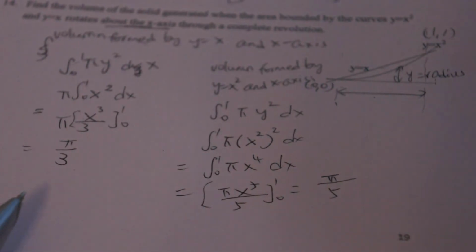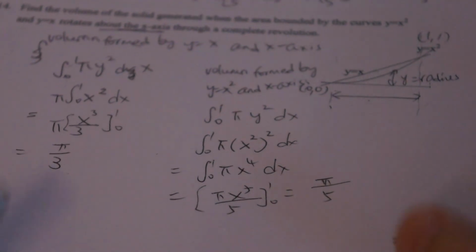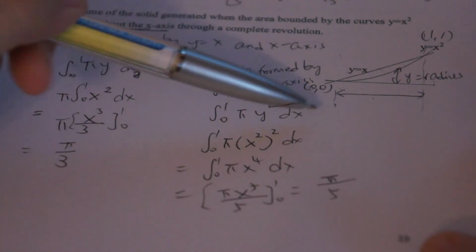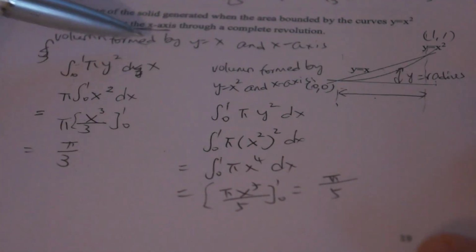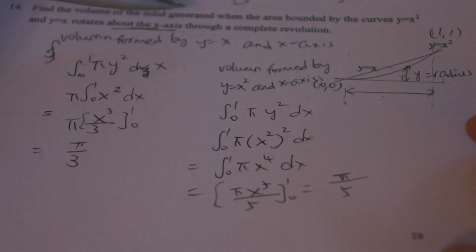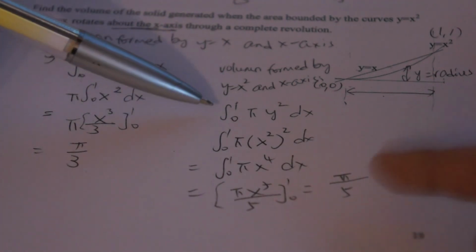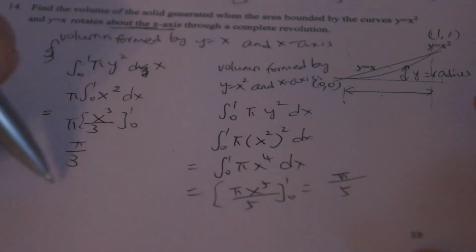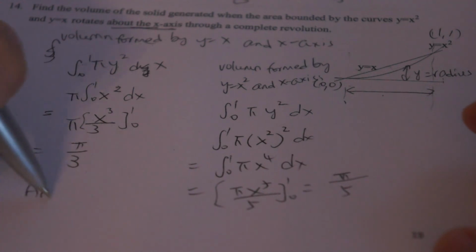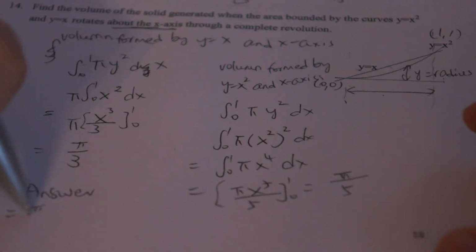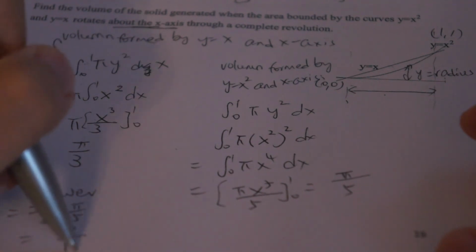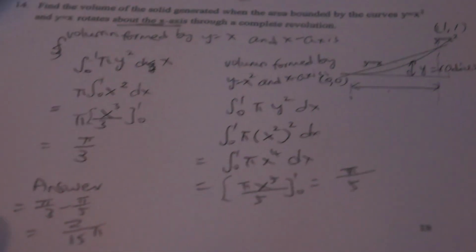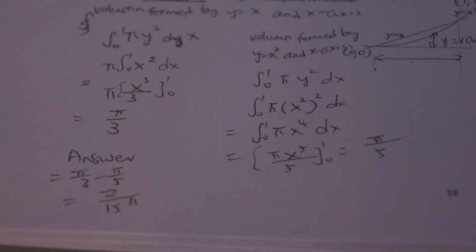Okay, at the end, because we have this part and this part as well, if you would like to find the volume of the area between them, we simply subtract them. The final answer is pi over 3 minus pi over 5, and the answer is 2 over 15 pi, and that is the end of chapter number 3.